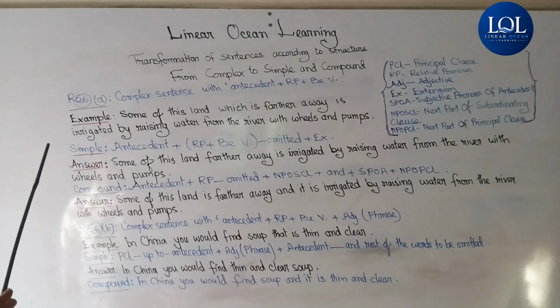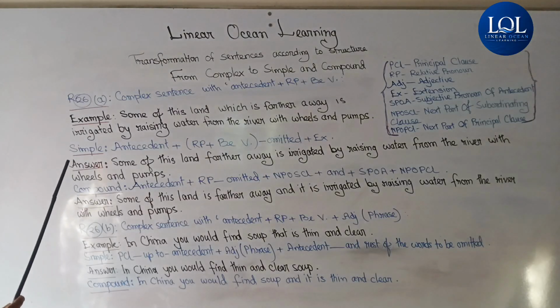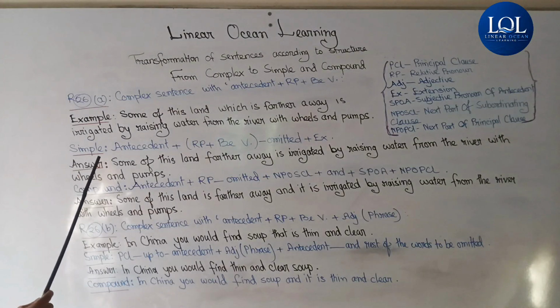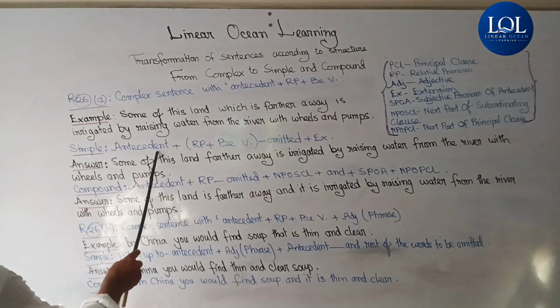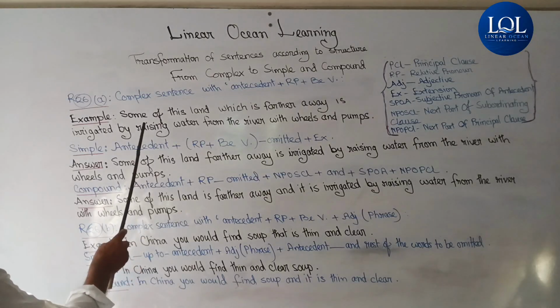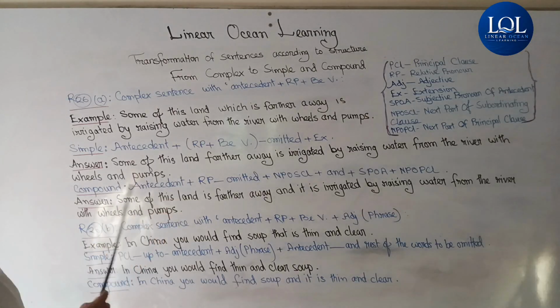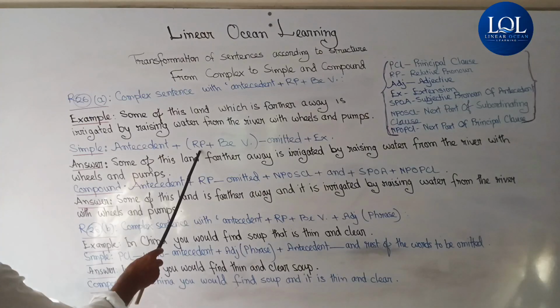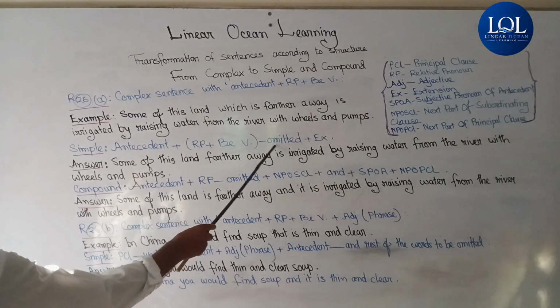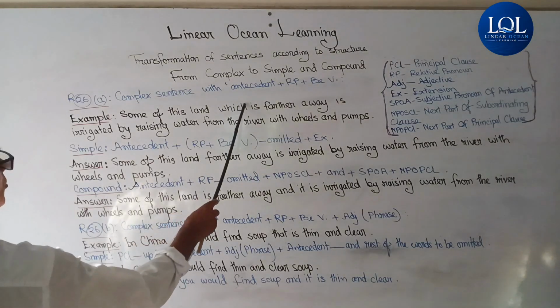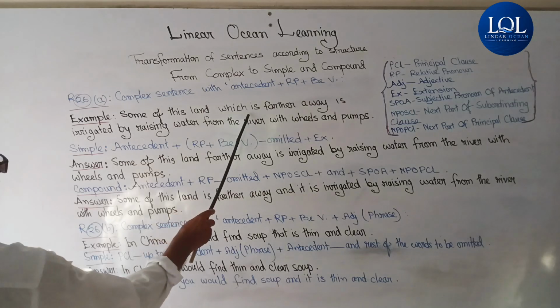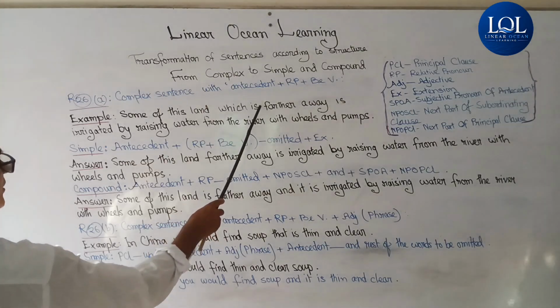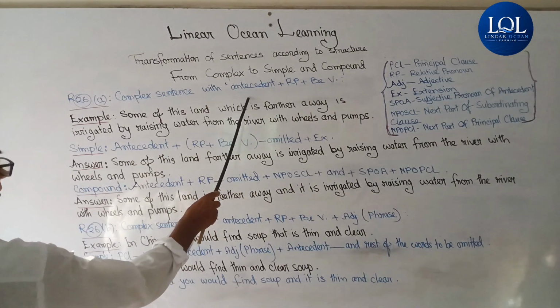Now, if we want to put it into a simple sentence, the structure we have to follow is antecedent, here some of this land, plus RP plus BV omitted. Here the relative pronoun is which, and the BV, be verb, is is.